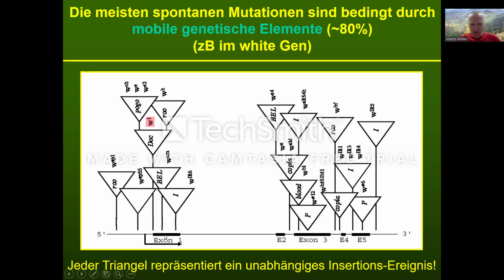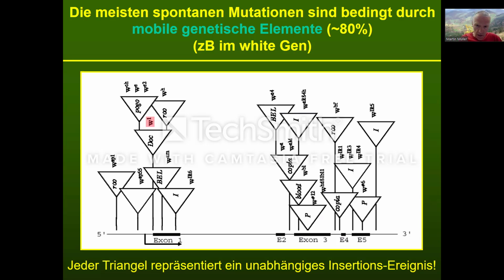The white gene in the late 70s, early 80s was really important, because it allowed people to easily isolate many mutation events and study what mutations actually meant.